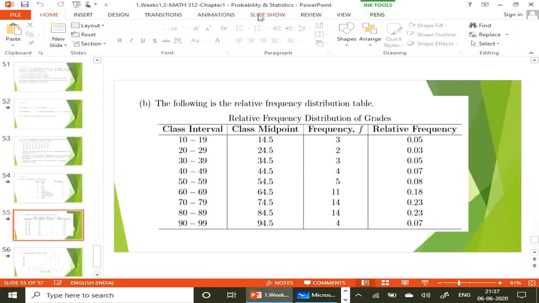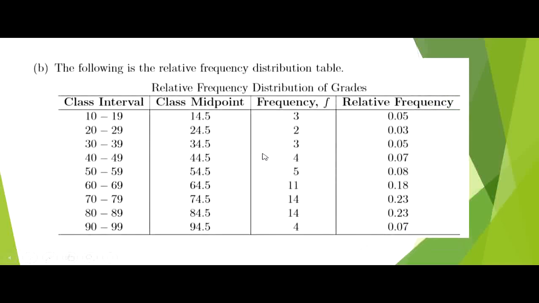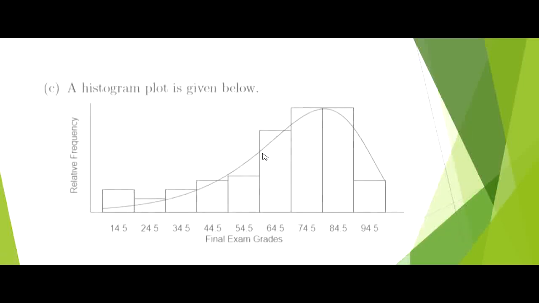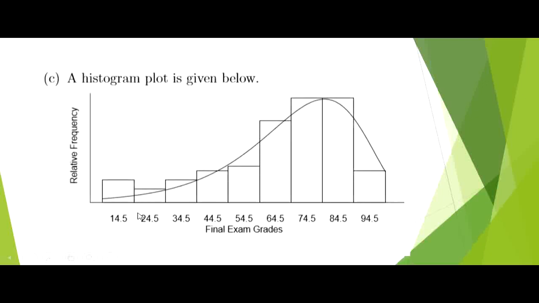Come again to slideshow present. This is your relative frequency table, and now we get the graph here. See the midpoint for the first interval 14.5, for the second interval, third interval, fourth interval. So all the final exam grade intervals and their midpoints.